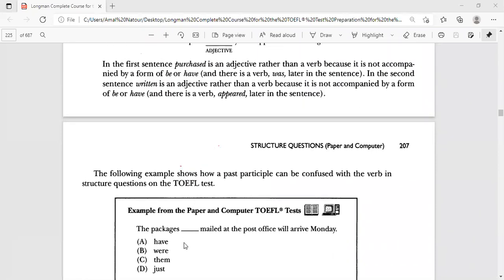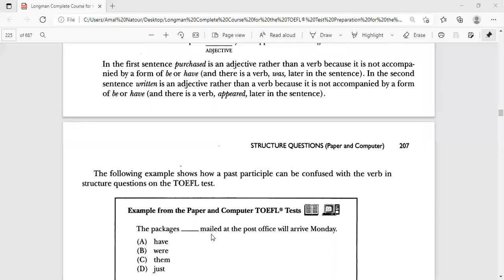The packages mailed at the post office will arrive Monday. Now, this example shows how a past participle can be confused with the verb in the structure section of the TOEFL test.